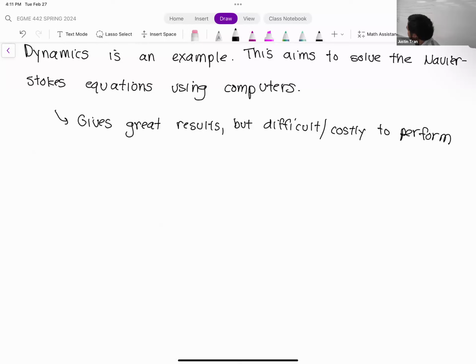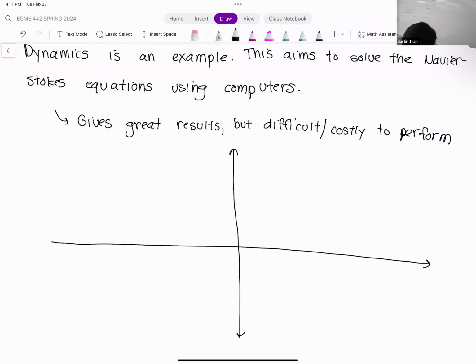And so if we visualize this, right? In reality, there are tons of different models. This is just a theoretical graph here. On the horizontal axis, we have, I would say, cost and difficulty.